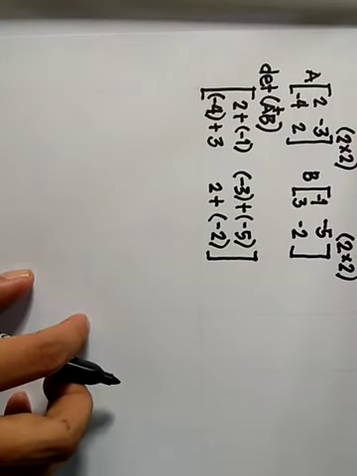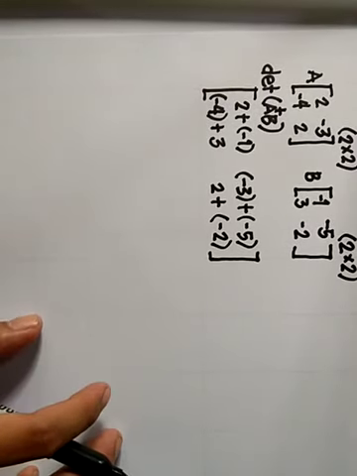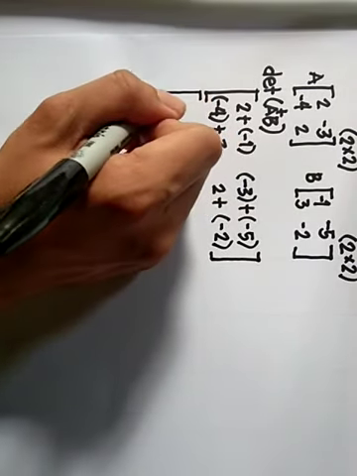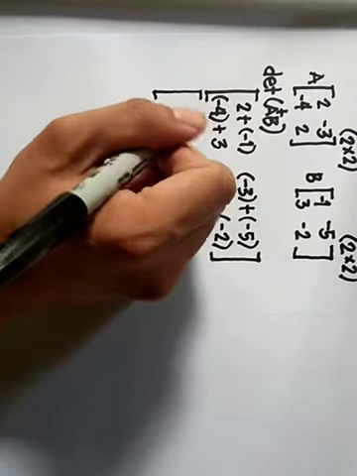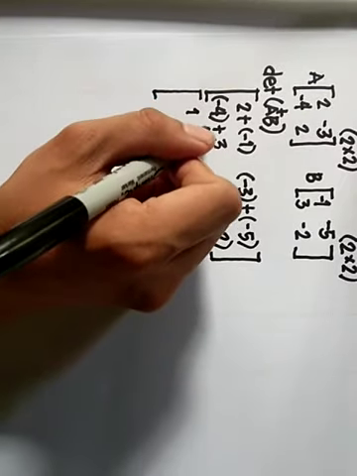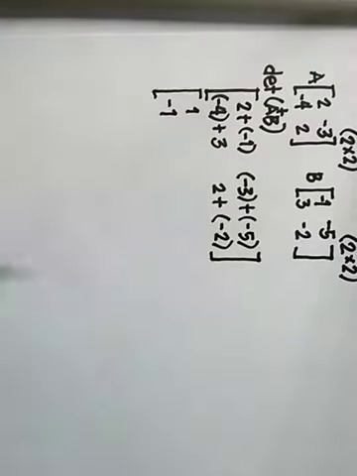So, atin na siyang isa-sum up. And then, what we're going to do is to have its sum. So, 2 plus negative 1, we have 1. Negative 4 plus 3, we have negative 1. Negative 3 plus negative 5, we have negative 8.